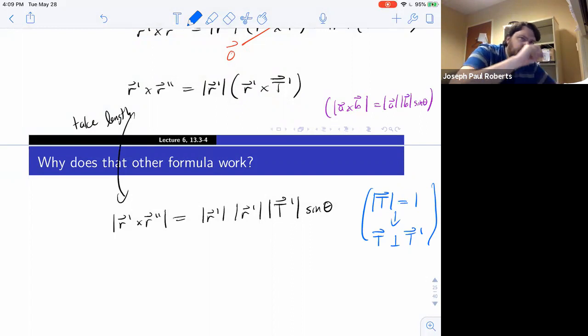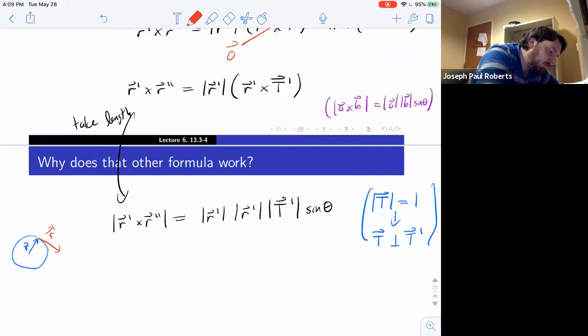We had that picture of a curve trapped on a sphere, or we could just think of a circle. If your curve is trapped on a circle, then your position vector looks like that, and your tangent vector looks like that, and they make a right angle. So constant length vector functions are perpendicular to their derivative.